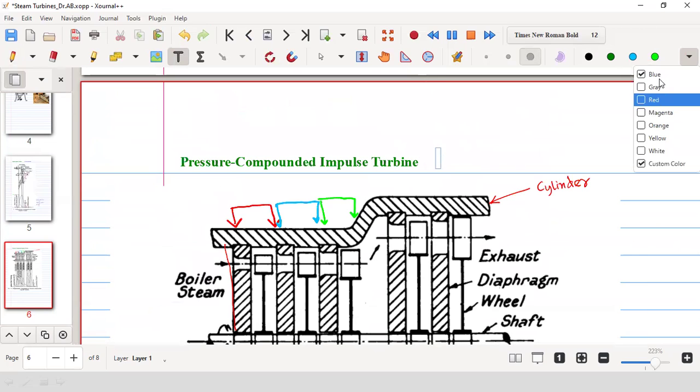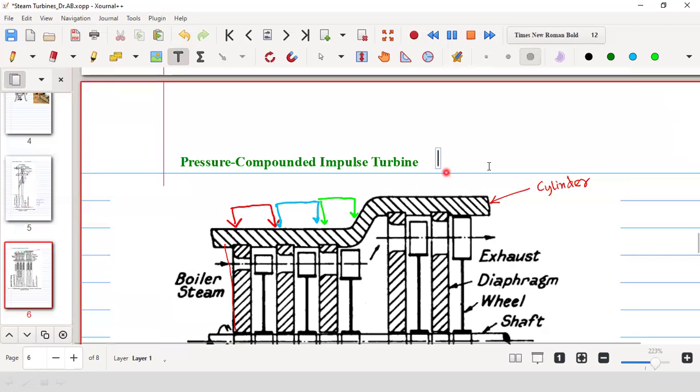Here it is called the Rateau turbine, named after Rateau. So a Rateau turbine means basically a pressure compounded impulse turbine.